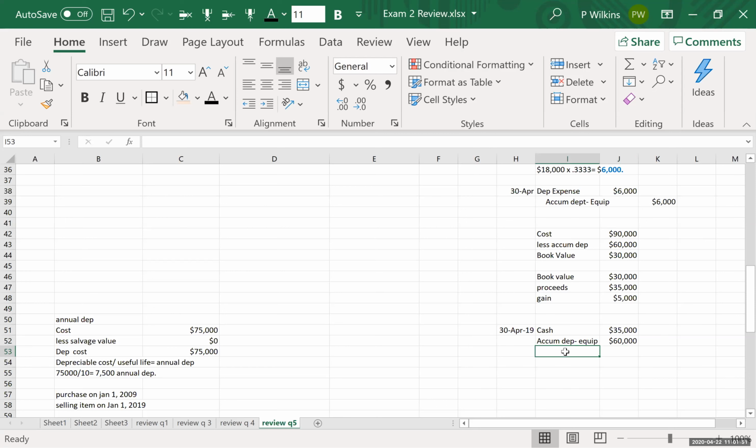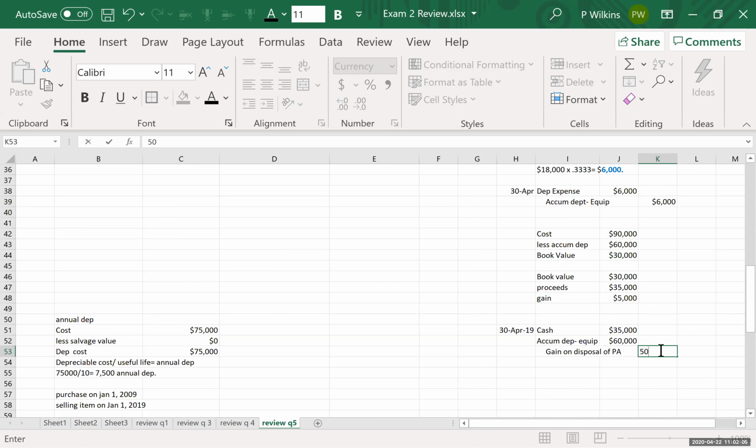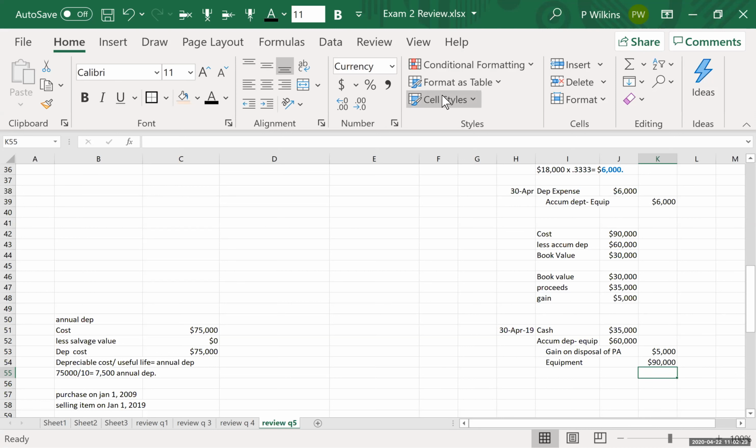We're then going to credit gain on disposal of plant asset for $5,000, which is our gain. And then we are going to credit equipment to get that off of our books, for the cost of the equipment, which was $90,000. Okay. So that's the details on the April 30th item.